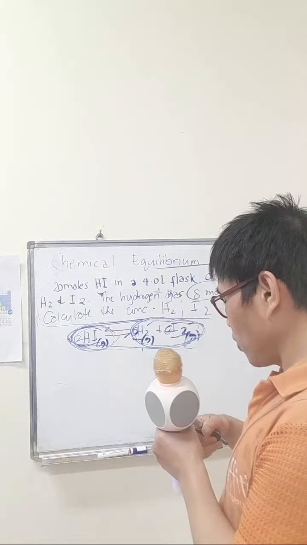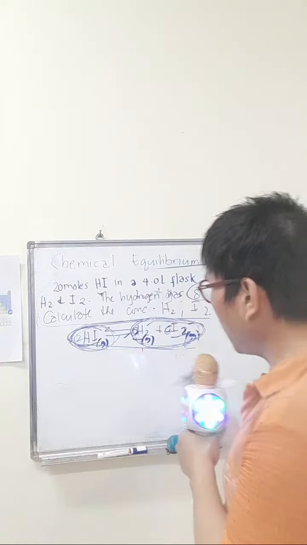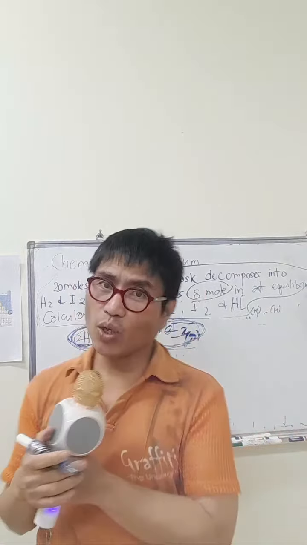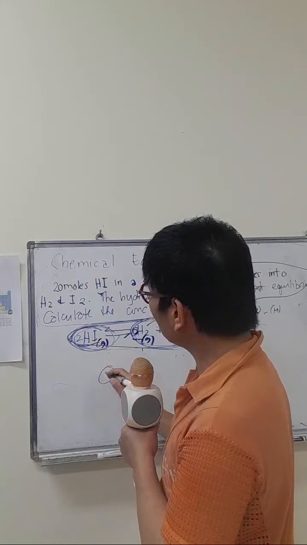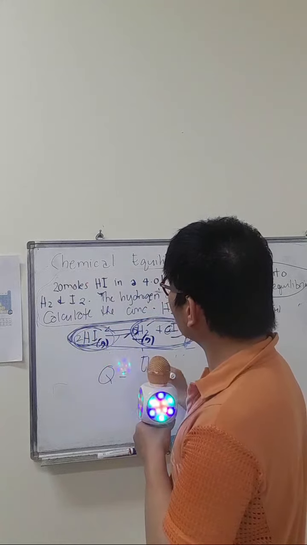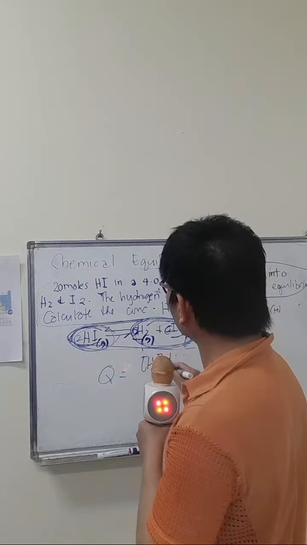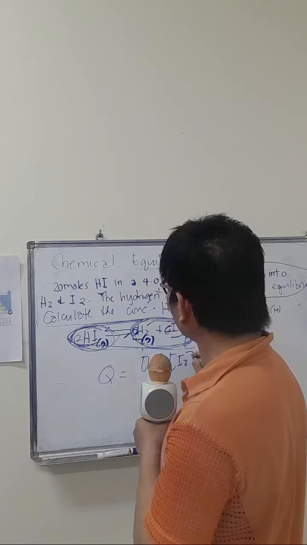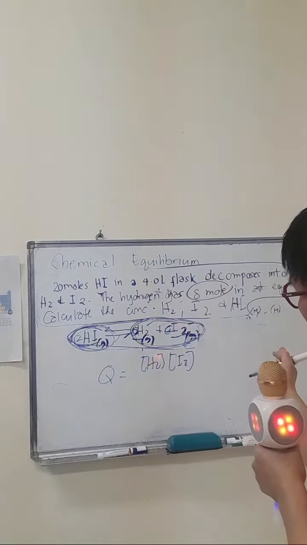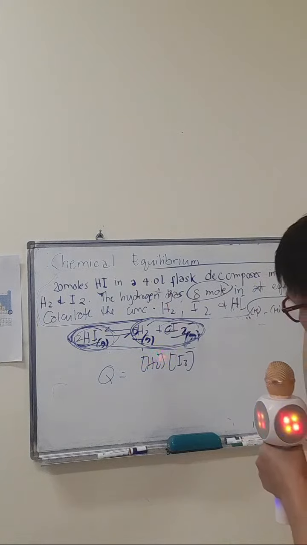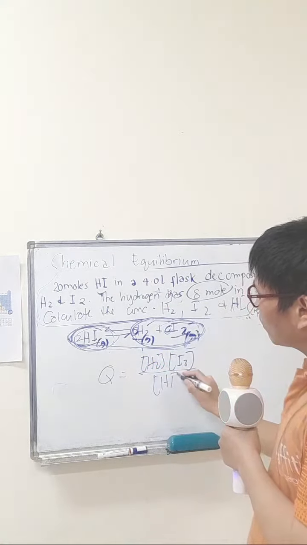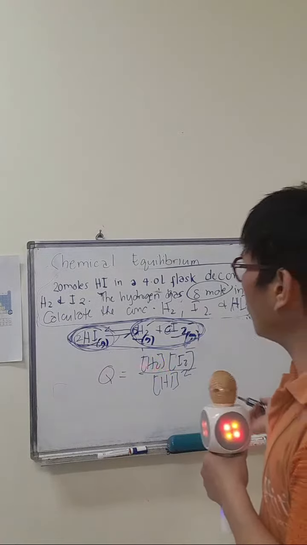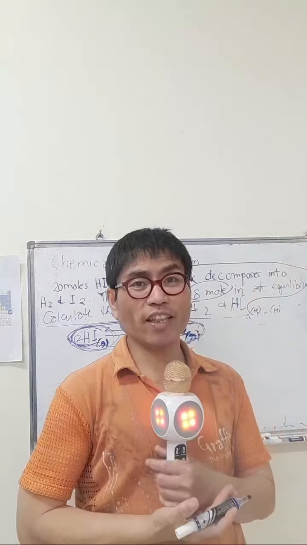The reaction quotient is represented as capital Q. Reaction quotient is equal to H2 times I2, and the coefficient of each is raised as the exponent, over HI raised to the power 2.